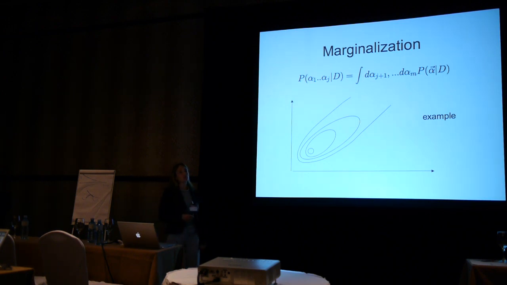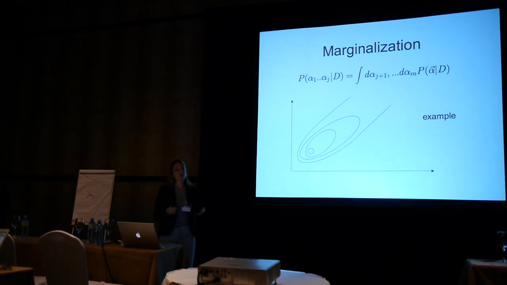So let's say that you have a posterior distribution that depends on several parameters. Say you have the lambda CDM model and you have omega matter, Hubble parameter, omega baryon, etc. But you are only interested in the best fit value and the confidence region around omega matter, regardless of all the other parameters.